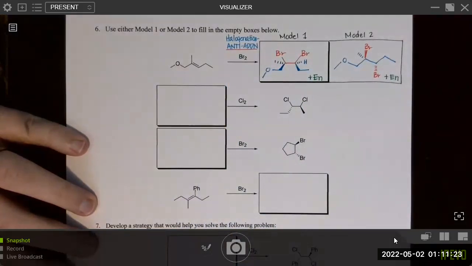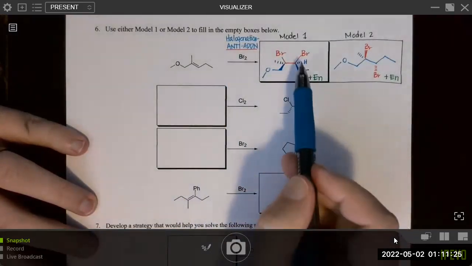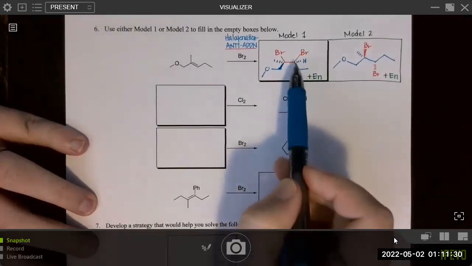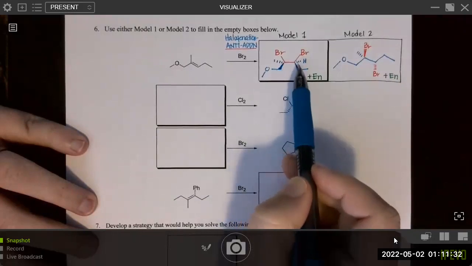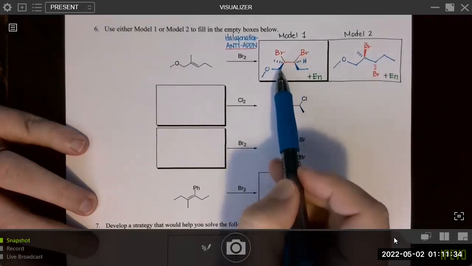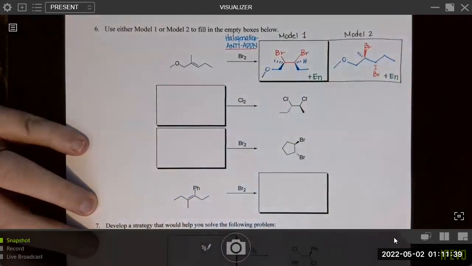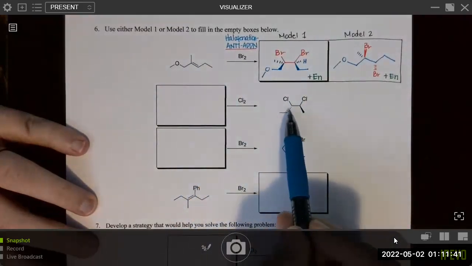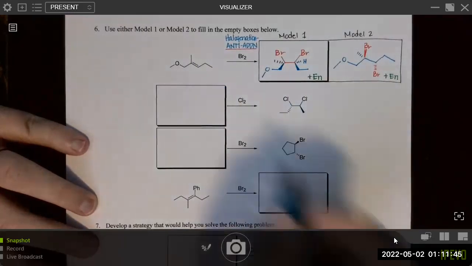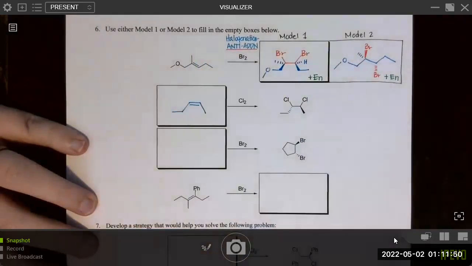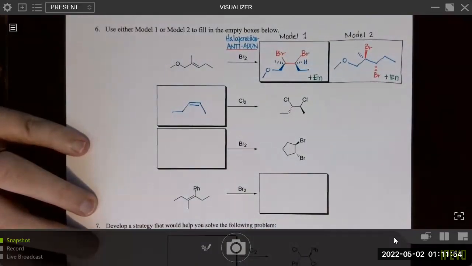So that means that we would have switched one side from the original positioning. So for example, when you see the two groups on the same side and it went through anti-addition, then those two groups would have been on opposite sides before. So in this case, we're seeing the opposite. These are on opposite sides, having gone through anti-addition. And that tells me that this was originally a cis, or you can think of it as a Z alkene.